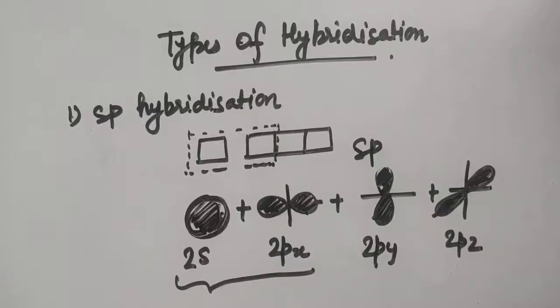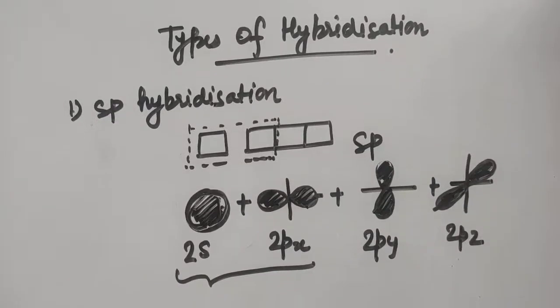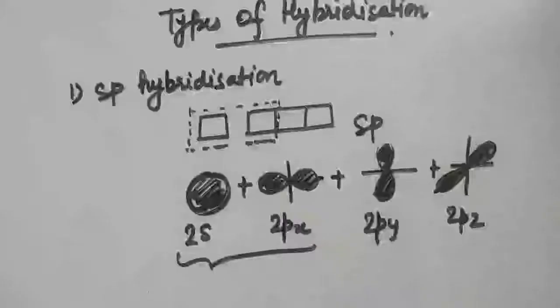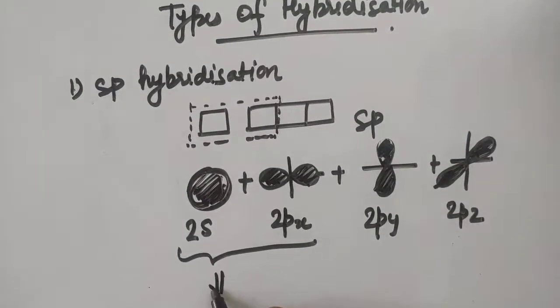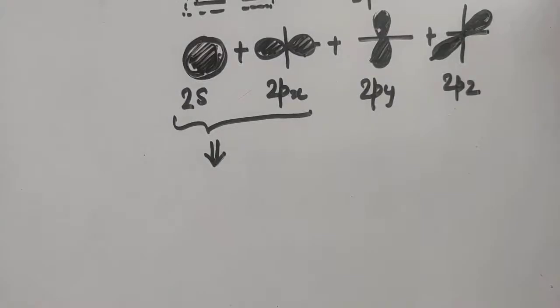In this case, the hybridization is called sp hybridization and the orbitals thus formed are known as sp hybrid orbitals. Now you know that the total number of hybrid orbitals is equal to the total number of atomic orbitals that are hybridized.